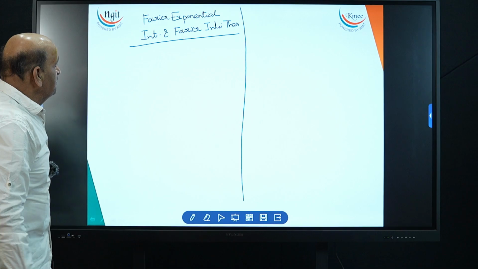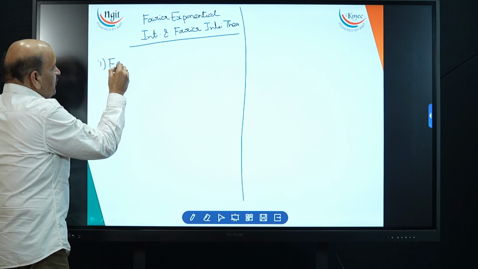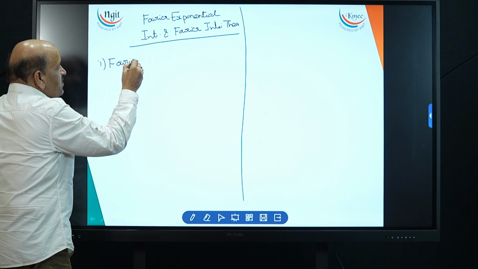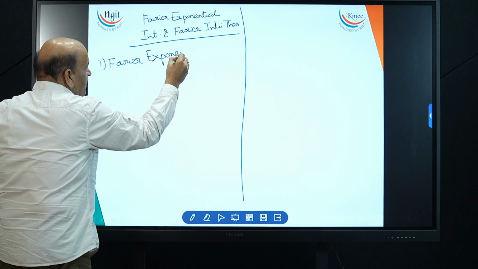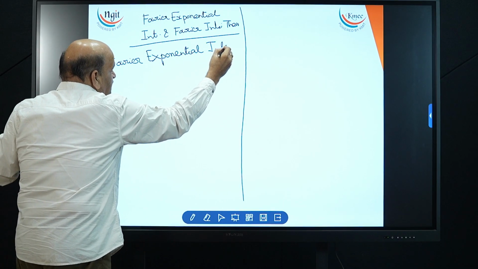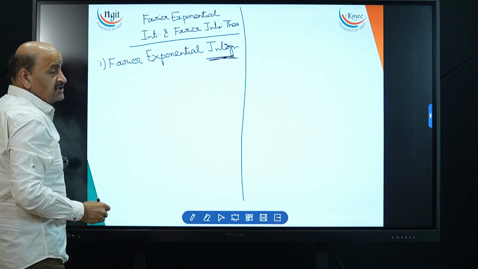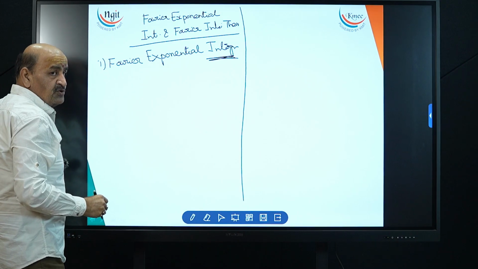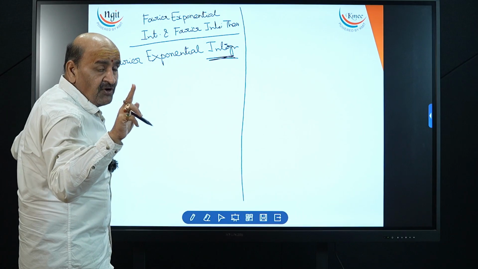Now, just look at the first concept, the Fourier exponential integral. Students have to understand the word integral. As long as we are using the word integral, two integrals will be represented in the formula.